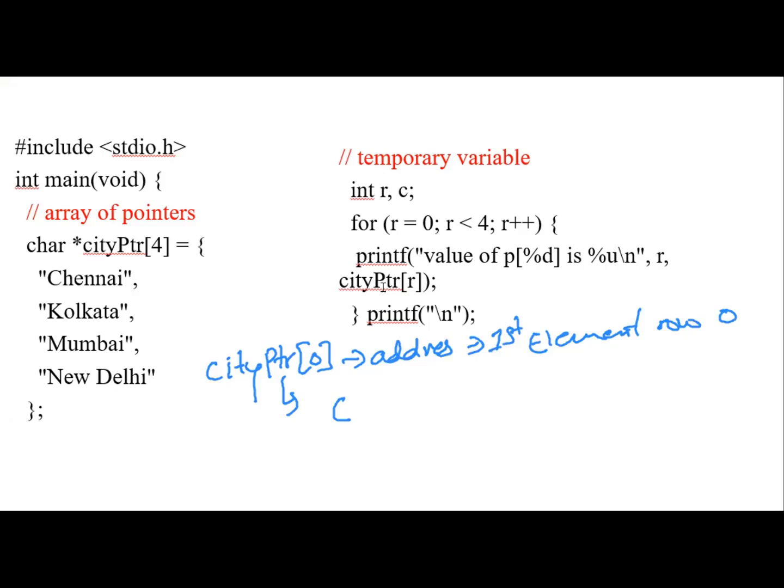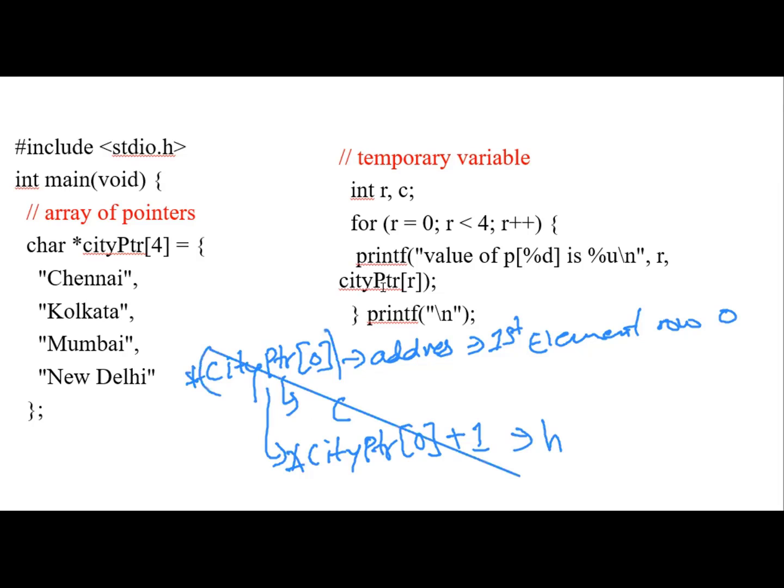Now if I want to point to H, then it would be ctptr of 0 plus 1. So this will point to H. To print the value, it should be written with a star.